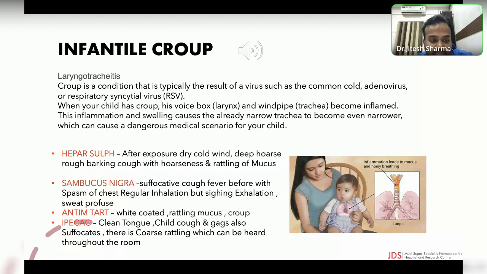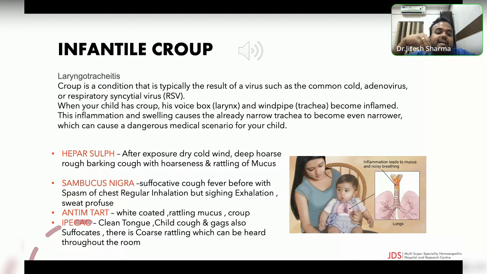But accordingly, the symptoms: in Hepar sulph, after exposure to cold wind, there is rough barking with hoarseness and rattling of mucus. In Sambucus, he can inhale well, but there is sighing during exhalation, and a lot of profuse sweat that is typical of Sambucus, along with suffocative cough, even fever before cough. Antimonium tart: white coated tongue, rattling mucus, croup.